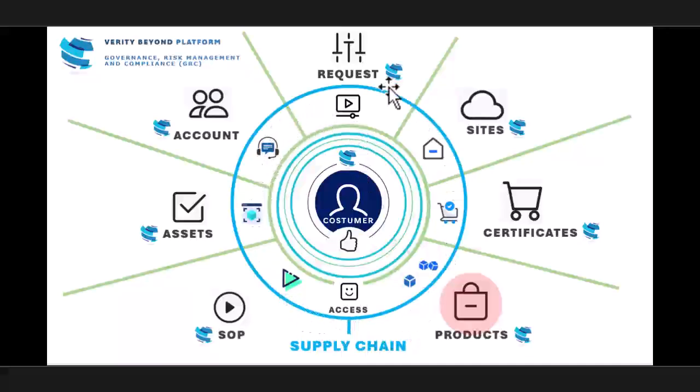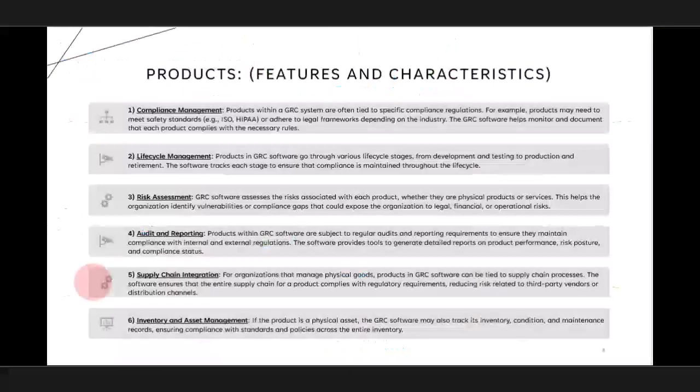The supply chain is very critical within our software interaction. And lastly, the inventory and asset management. That is a very important role here. If the product is a physical asset, VerityBeyond may also track its inventory, condition, and maintenance records, ensuring compliance with standards and policies.